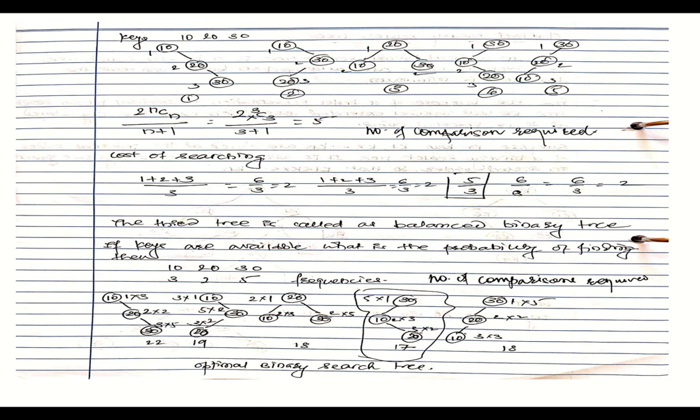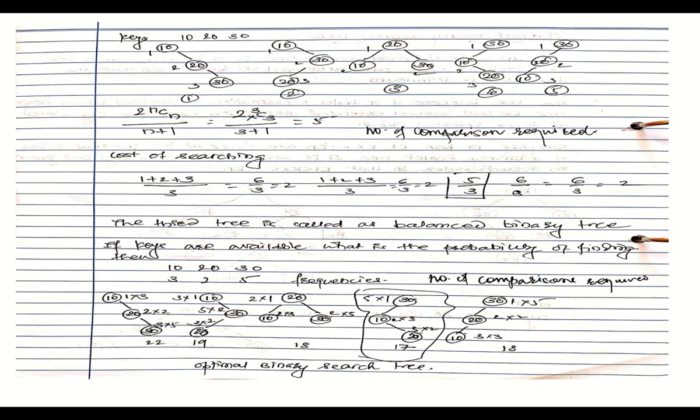The first combination is 10, with 20 on the right-hand side of it, and 30 on the right-hand side of 20, as 30 is greater than 20. In the second tree, 10 is the root, then 30 is on the right-hand side of 10, and as 20 is less than 30 and greater than 10, it has to be on the right-hand side of 10 but on the left-hand side of 30. This is the second combination.